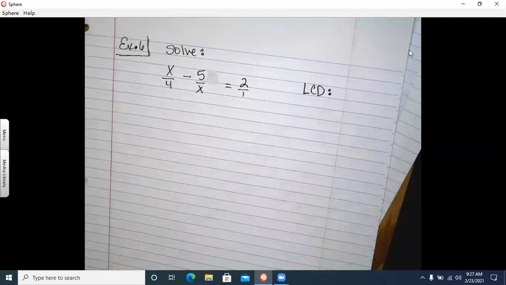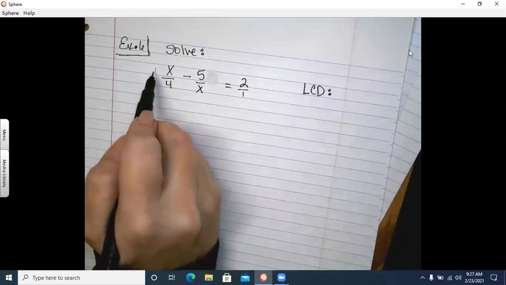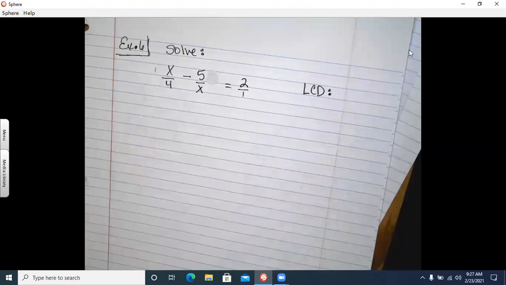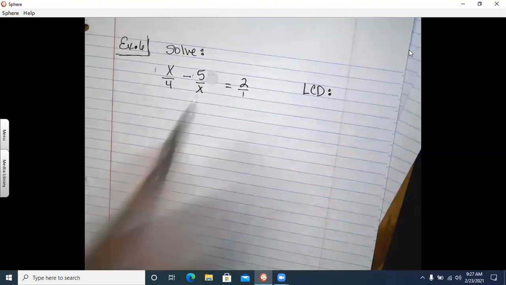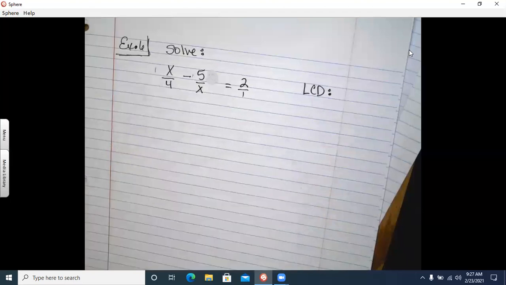So I've got 2 denominators, 4 and x. What's the least common denominator? If I multiply everything by 1, is that 4 going to cancel? If I multiply negative 5x by 1, is that x going to cancel? I need everything to cancel. Think about that when you're thinking about your LCD.